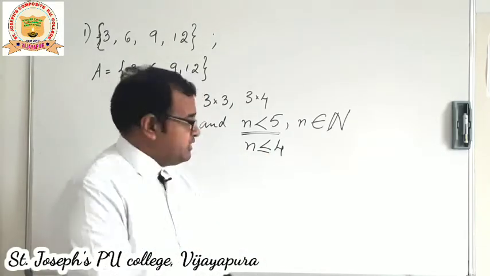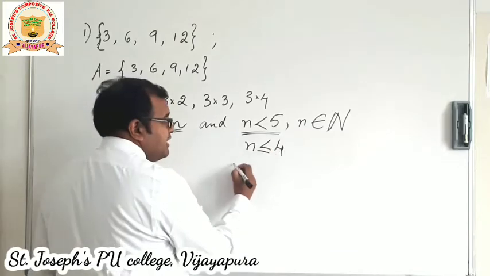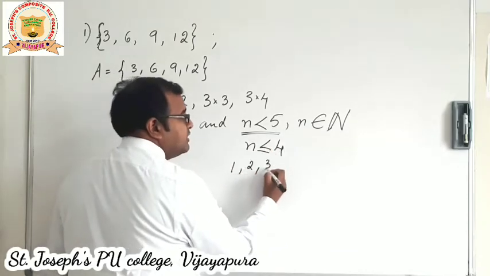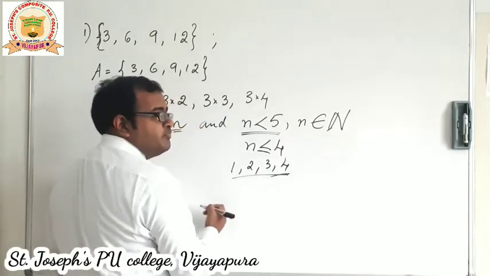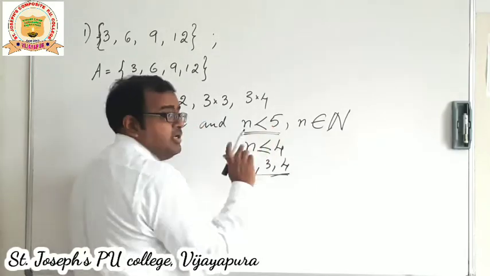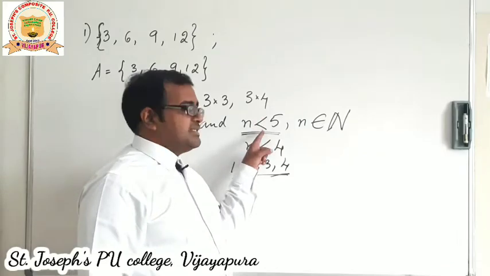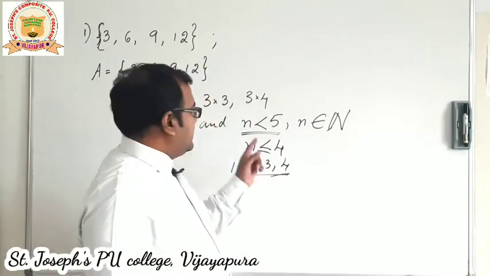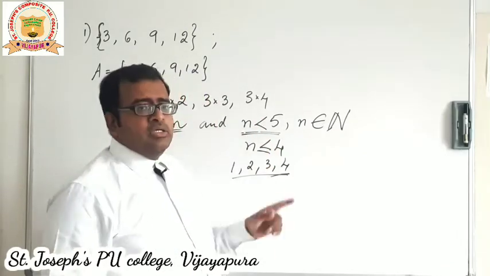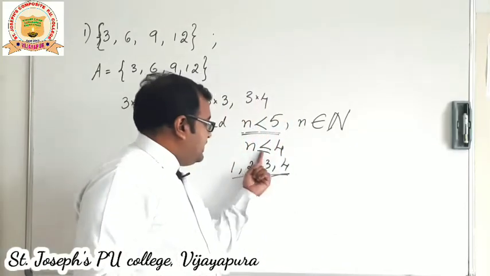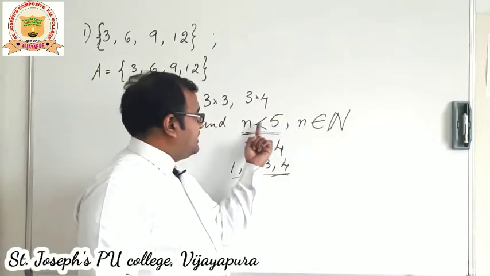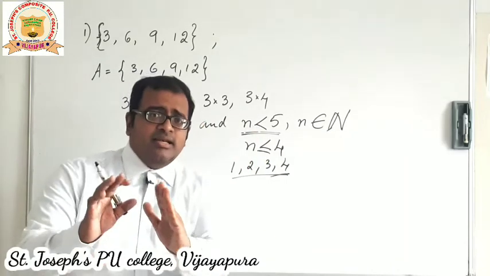Meaning is same. Here the values can be 1, 2, 3. Since equal to 4 is there, you can add 4 also. So similarly here, can you write 5? No, because strictly lesser than, not equal to. So again the answers will be 1, 2, 3, 4. So if you want values from 1 to 4, you can either write less than or equal to 4, or you can write strictly less than 5.